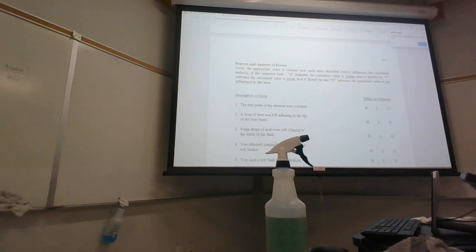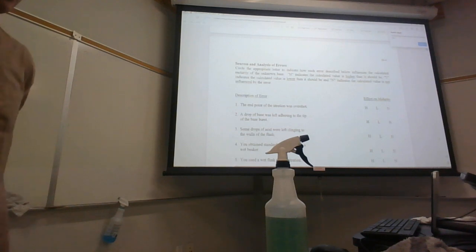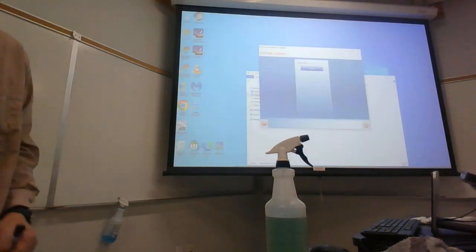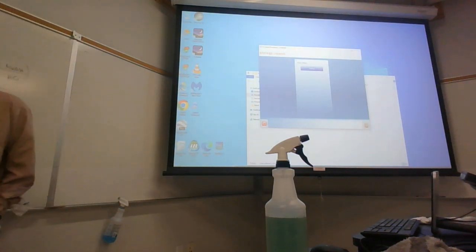In Chem 1A, we can't reverse this. We have to just toss it and start over again. So when you overshoot, it's a big disappointment, because all that work and you don't get any results. You have to discard it into the waste and go back to square one.